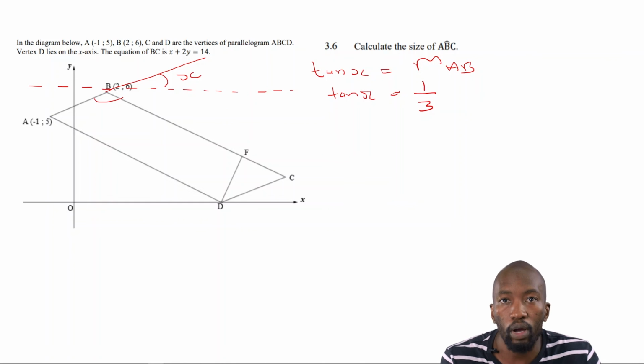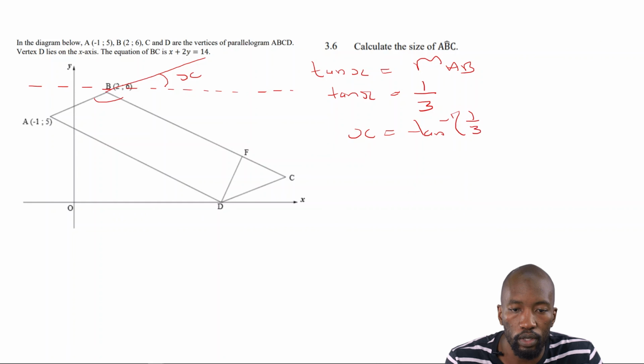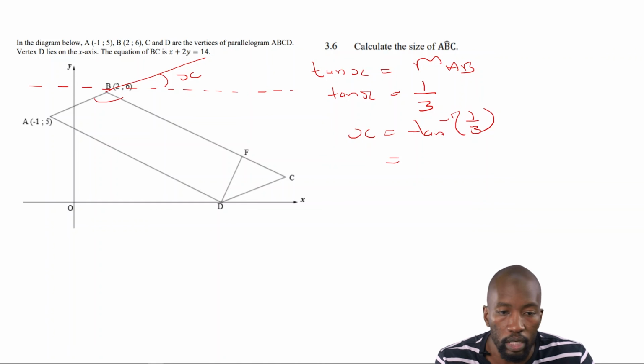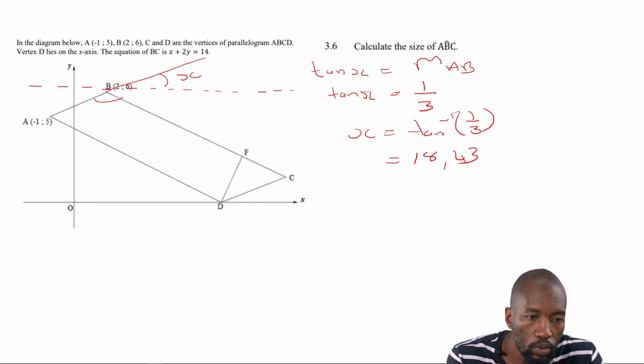And remember, you are now well equipped to find the gradient, so you can use the gradient formula to prove that this is actually 1/3. Now we can just say x is equal to shift tan of 1/3. Then we can find that angle there, and I can quickly check it in my book. I found it to be 18.43.